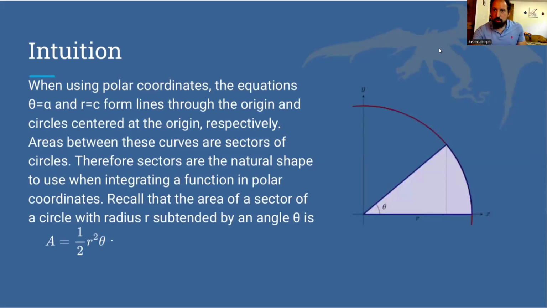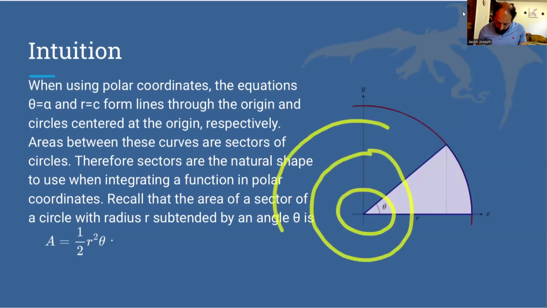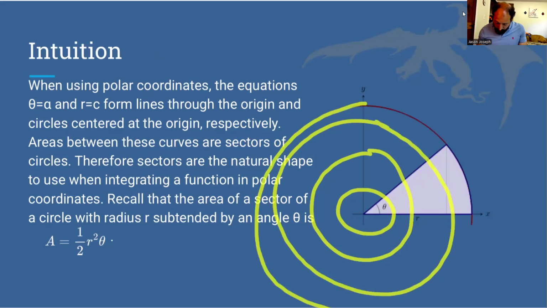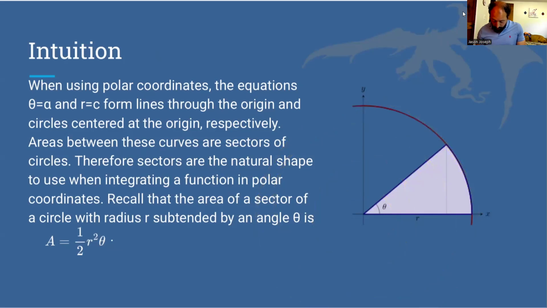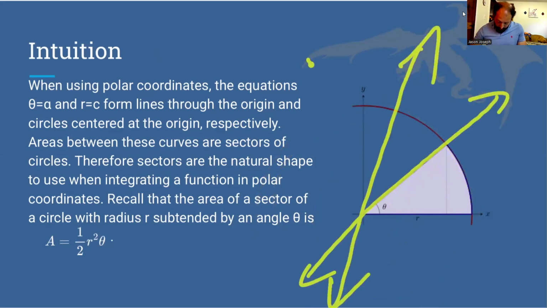Remember with polar, our r equals a constant curves are concentric circles centered at the origin, and then our theta equals a constant curves are lines through the origin at different angles.